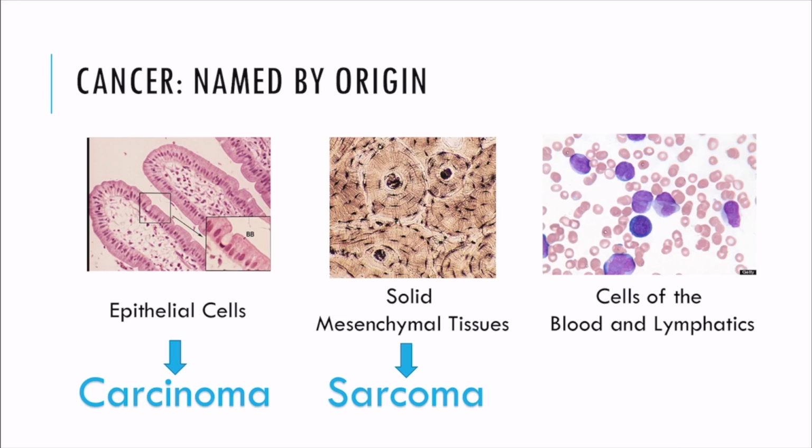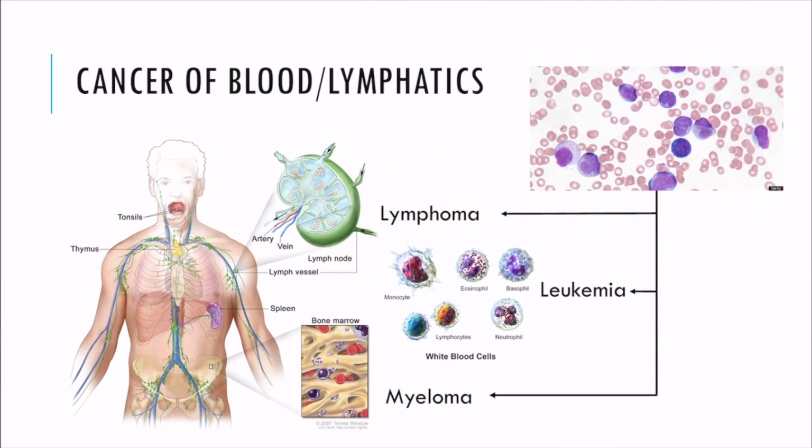So we've gone through epithelial cells named carcinoma, mesenchymal tissues called sarcomas, and that leads us into when you have cancers involving the cells of the blood and the lymphatics. We really fall into three big categories, and we're going to talk about lymphomas, which start in lymph nodes, leukemias that start in the bone marrow or the blood, and then myelomas, which is cancer of plasma cells.